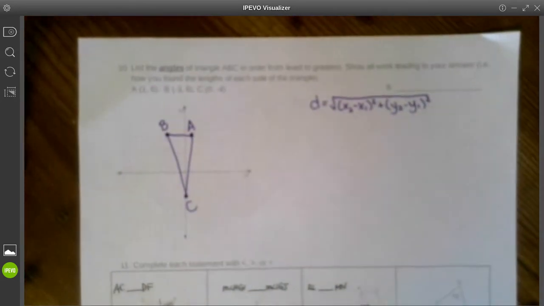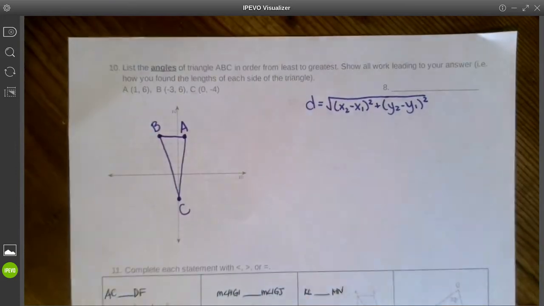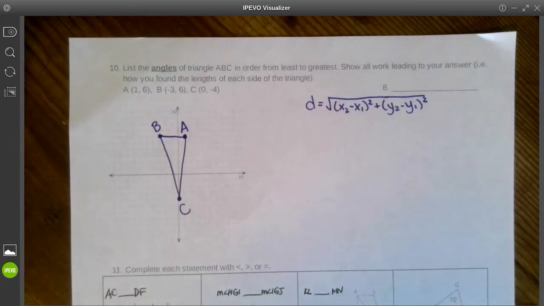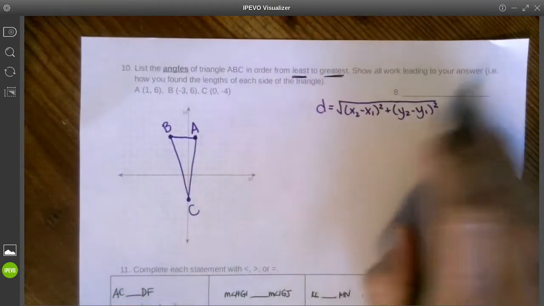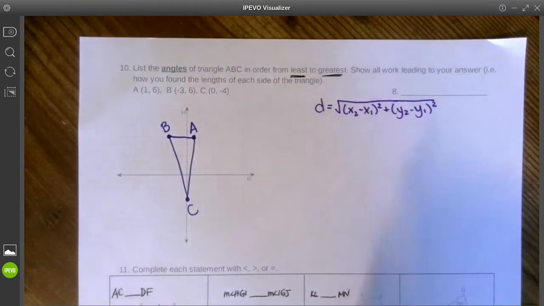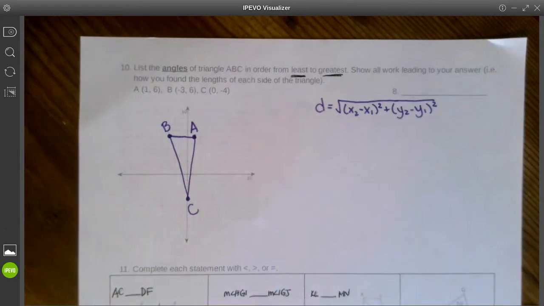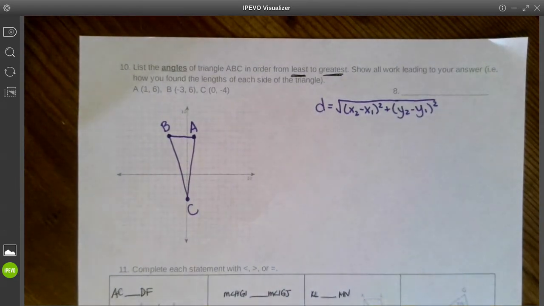Number 10 says list the angles of triangle ABC in order from least to greatest. So when we're done, our final answer will be a list of angles from smallest to largest. We need to show all work leading to our answer.